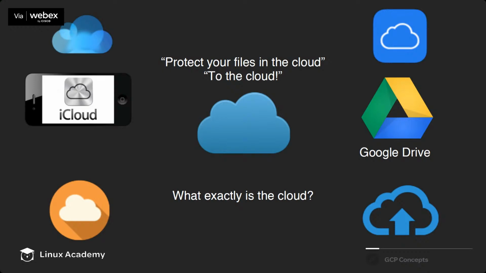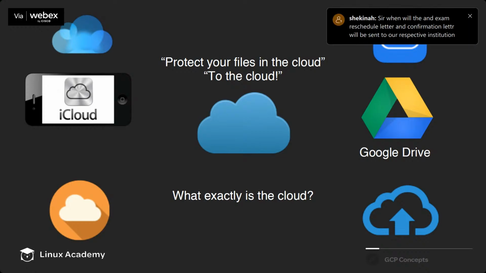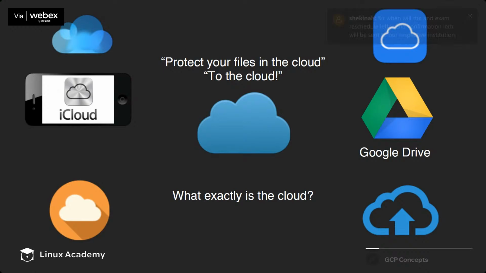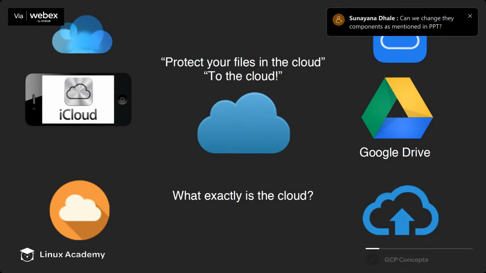Versus if you take a look at Google Mail, Yahoo Mail, etc., we as users never had to bother about how to install or configure them. All we had to do was go to a browser, open the URL, and sign in, and we are good to go.